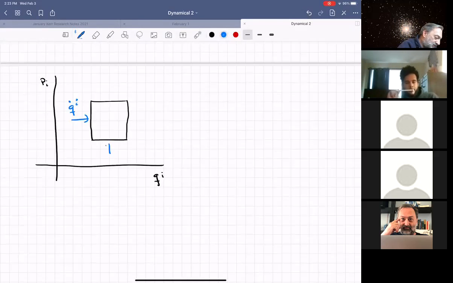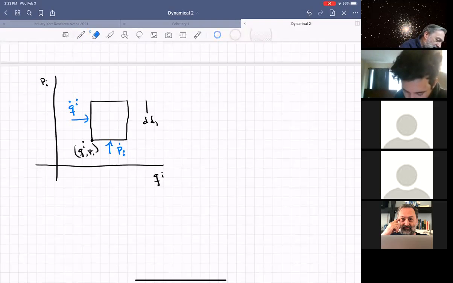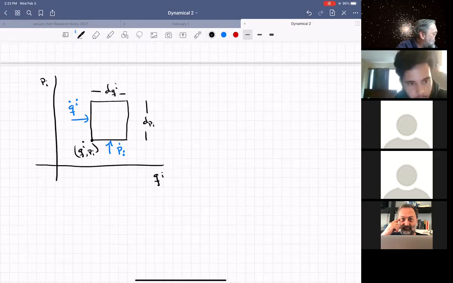Any flow line that has p dot i positive is going to be entering into the bottom region. I'm going to say that this point down here is the point qi, pi, and this distance here is dpi. So the height of my box is some small dp, and the width of my box is some small dq in all of my coordinates.